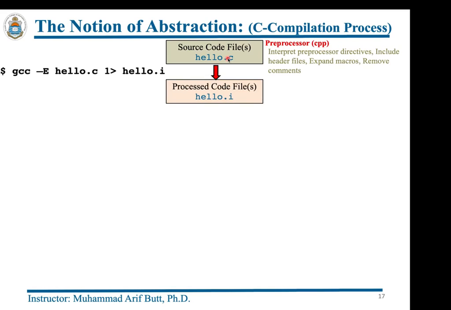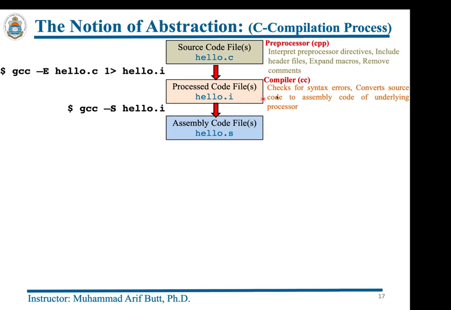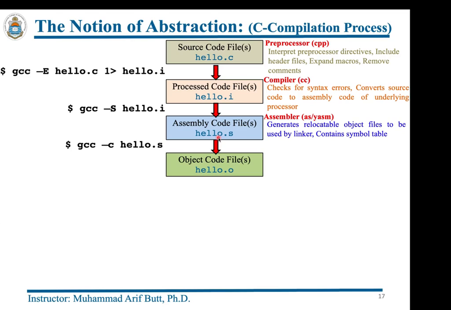First of all, the programmer performs the pre-processing and generates the pre-processed file hello.i. Then performs the compilation and generates the assembly of the underlying hardware in a file named hello.s. Then performs the assembling to generate the binary file of the underlying hardware in a file named hello.o.